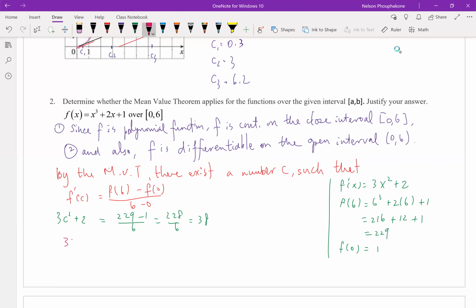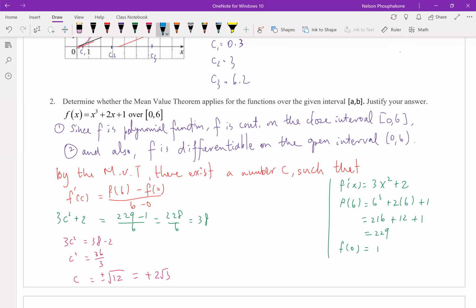Now I will have 3c squared plus 2 equal to 38, so 3c squared is equal to 36. Then c squared is 36 over 3, which is 12. Then c must be plus or minus square root of 12. In this case, because we are looking at the interval between x equal to 0 and x equal to 6, we will choose the positive, 2 root 3 then.